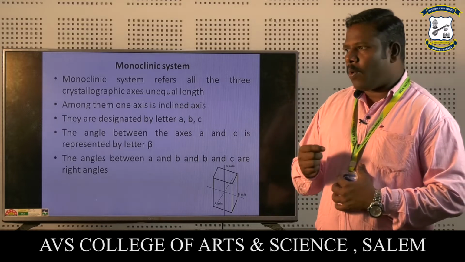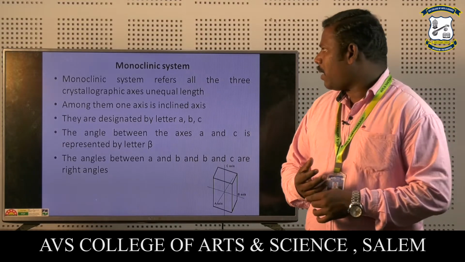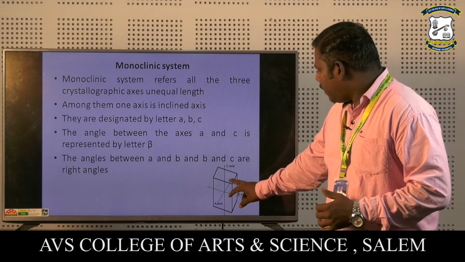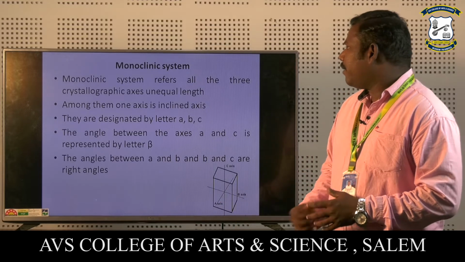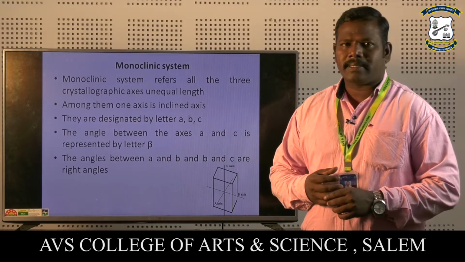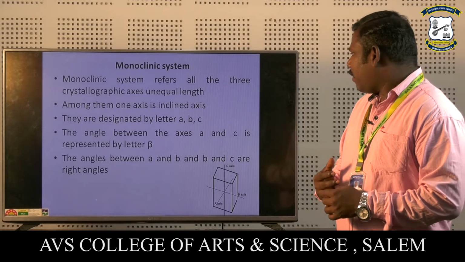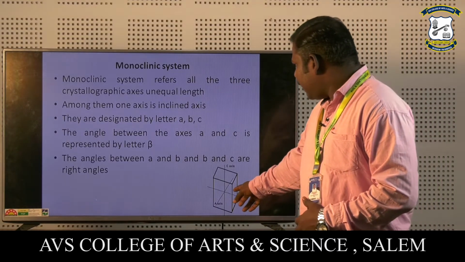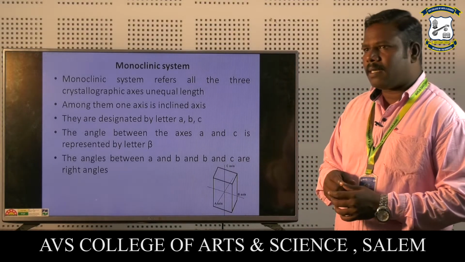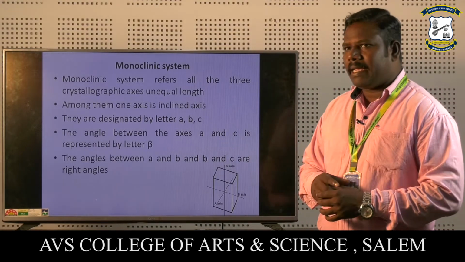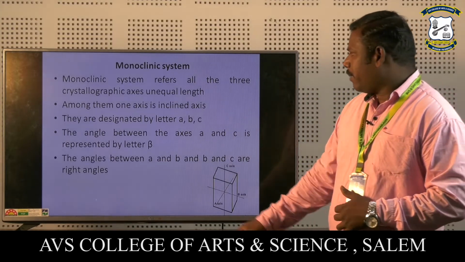Here we can see clearly the A axis, which is inclined towards the observer, and we designate them A axis, B axis and C axis. Here the acute, inclined angle, which is the angle between A and C, is designated by beta.